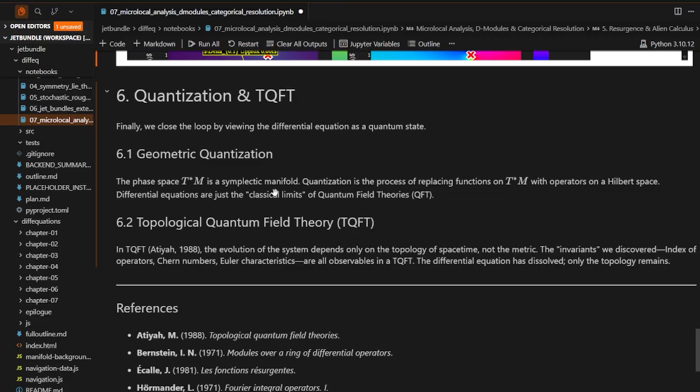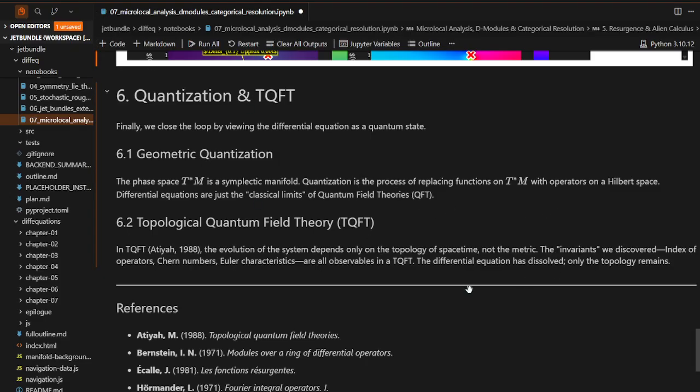This just again tells us that we can close this entire series with the idea that phase space itself, the cotangent bundle on some manifold which defines a phase space, is a symplectic manifold. So functions get replaced with operators. The Poisson bracket implies a commutator, or quantization, and so partial differential equations become the classical limit of quantum theories.